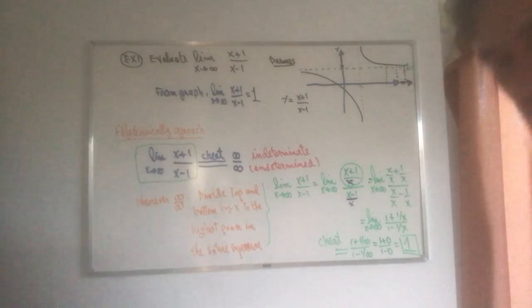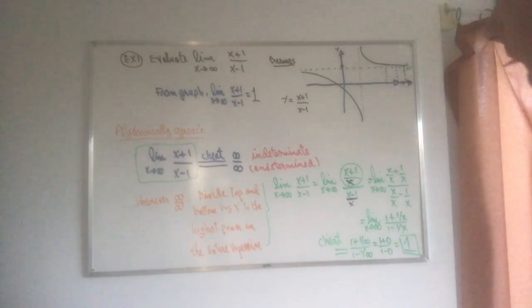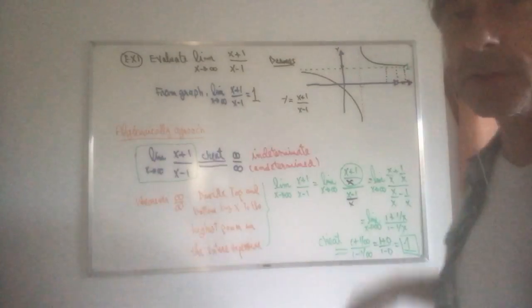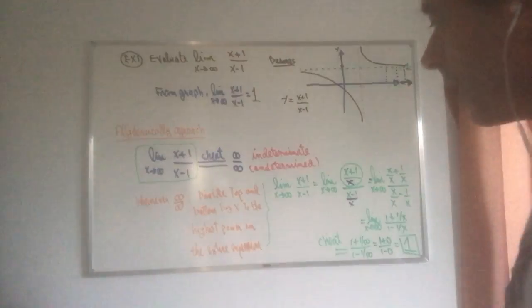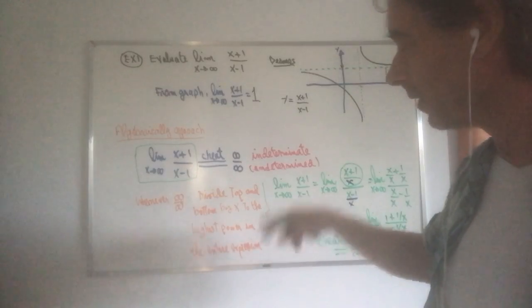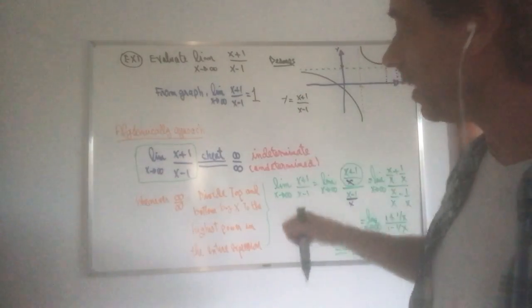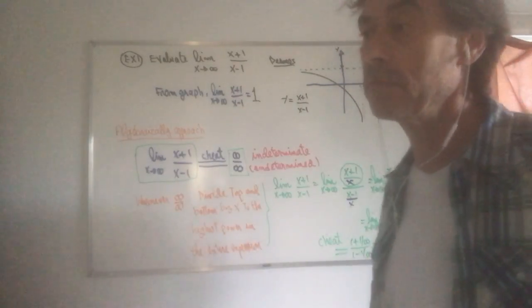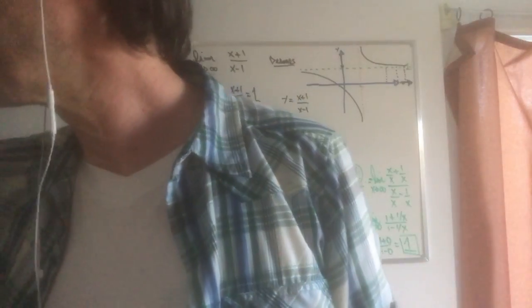And of course, it's the same answer we got from the graph and its horizontal asymptote. So that's a good technique: divide top and bottom by x to the highest power in the entire expression whenever you are facing infinity over infinity, give or take a positive or a negative sign.